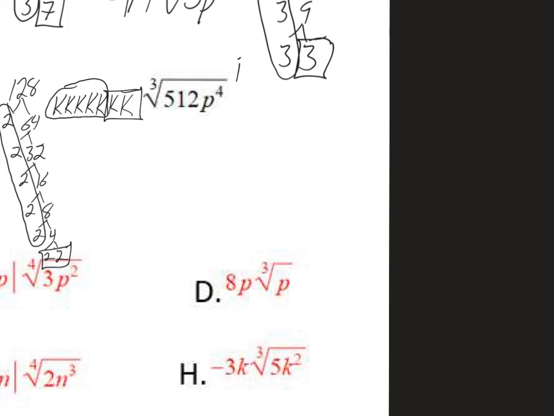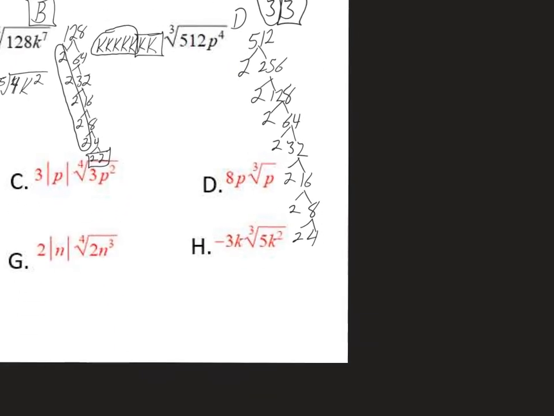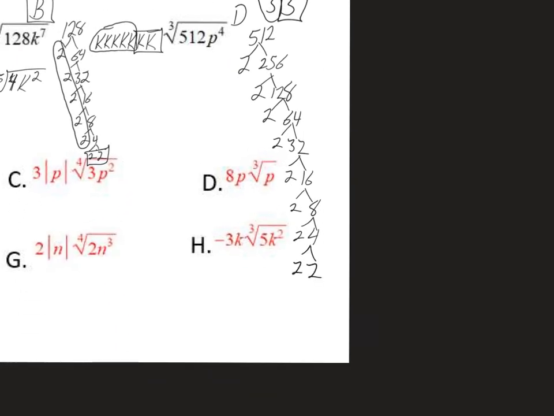We should have gotten D, so real quick, 512, 2 and 256, 2 and 128, 2 and 64, 2 and 32, 2 and 16, 2 and 8, 2 and 4, 2 and 2.